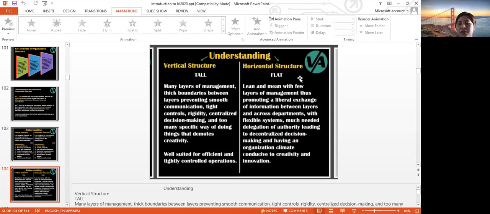Okay, so horizontal structure is said to be flat, lean and mean with few layers of management, thus promoting a liberal exchange of information between layers and across departments with flexible systems, much needed delegation of authority, leading to decentralized decision making, and an organizational climate conducive to creativity and innovation.